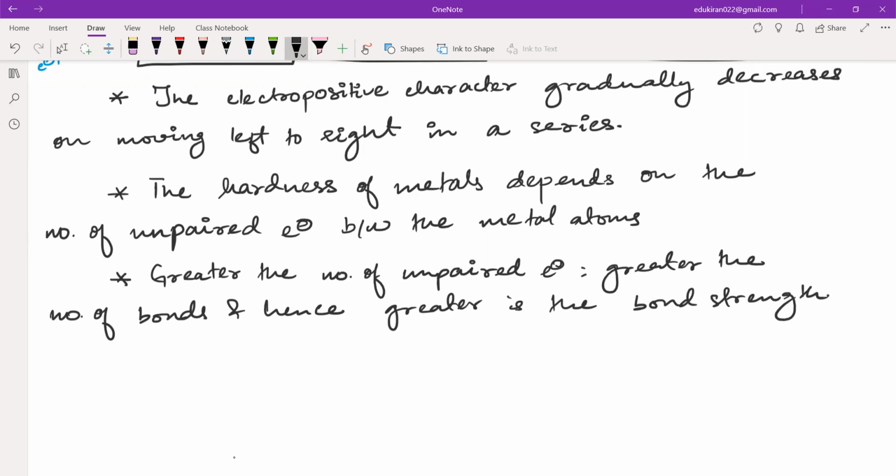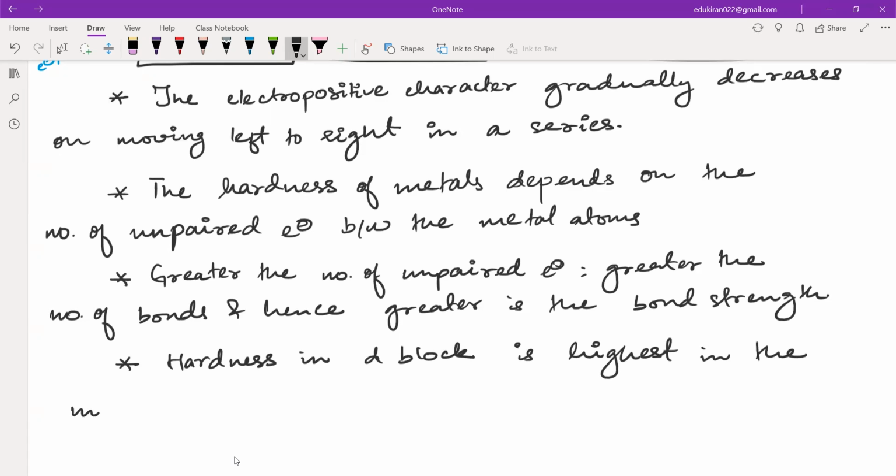Okay. So hardness in the d block is highest in the middle.